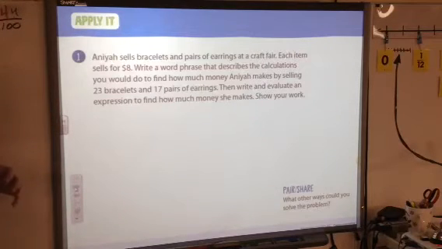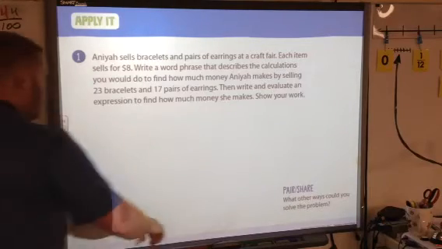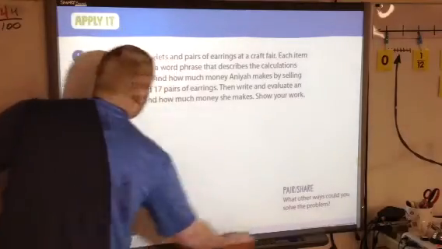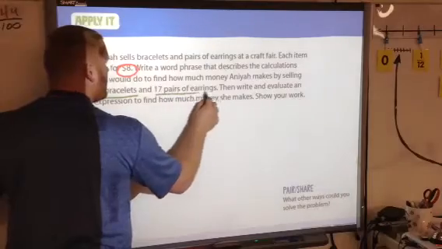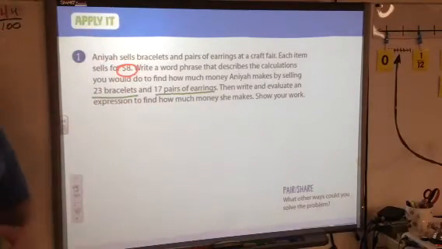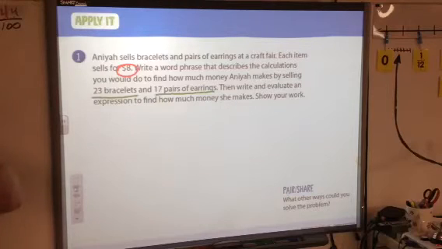Remember, she has bracelets, she has earrings. Those are the two items she's selling, and she's selling both of those items for $8. So we know that each item is going to be $8. And then the big key part here is she's selling 23 bracelets and 17 earrings. So really, all we have to do is add how many total items she was able to sell based on the $8 she's selling per item, because they're both the same price.